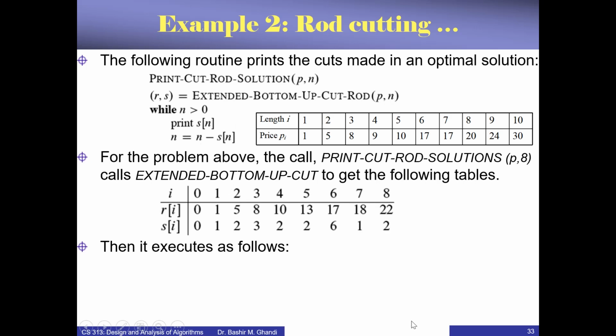So it starts with n equal to 8, and obviously 8 is greater than 0. So it will print s at n. S at 8 is 2. So it's going to print 2, meaning there was a cut at length 2.